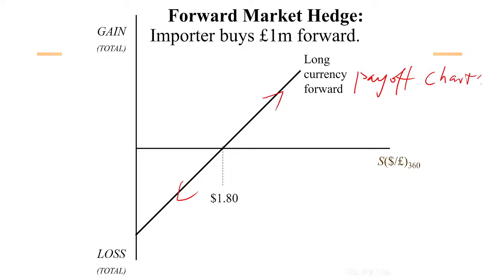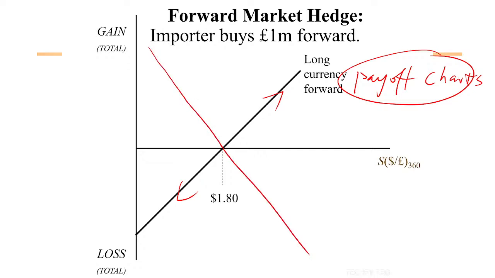And these payoff charts are very important. In international finance and derivatives, you must have a very solid grasp of the payoff charts. And most of these are very simple lines, just going up, going down, or a kinked line. So you can see this long currency forward together with this unhedged payable will perfectly offset each other.